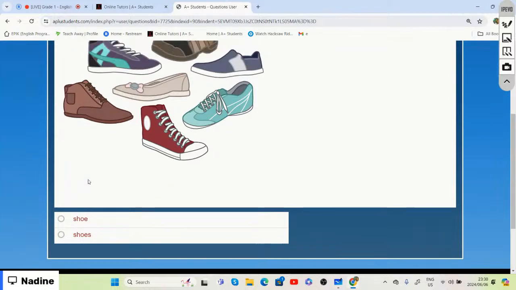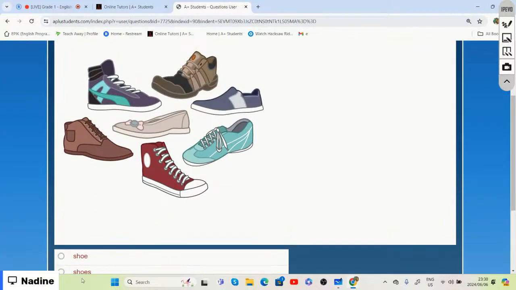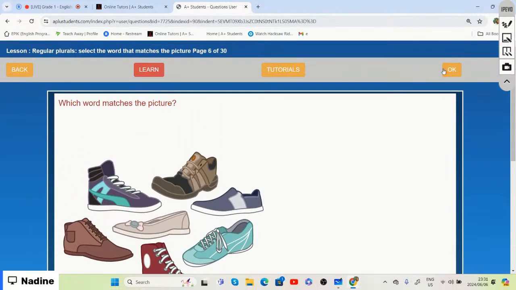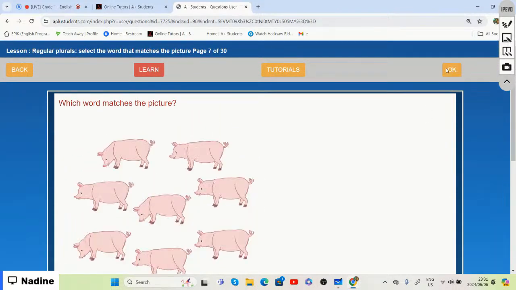Yes, so if we look at this picture, then we can say it is shoes, right? Specifically because we can count it. We say there's one, two, three, four, five, six, seven shoes. And there's different kinds of shoes, right? For different size. So shoes, stating that there's more than one shoe, shoes. So well done.